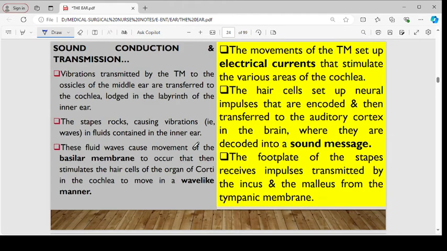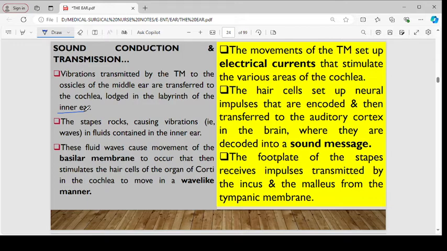So the vibration transmitted by the tympanic membrane to the ear ossicles of the middle ear is transferred to the cochlea, lodged in the labyrinth of the ear. The stapes rocks, causing vibrations in the fluids contained in the inner ear. These fluid waves cause movement of the basilar membrane, which then stimulates the hair cells of the organ of Corti in the cochlea to move in a wave-like manner.